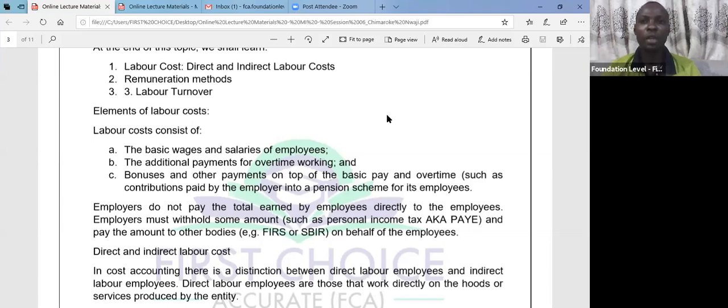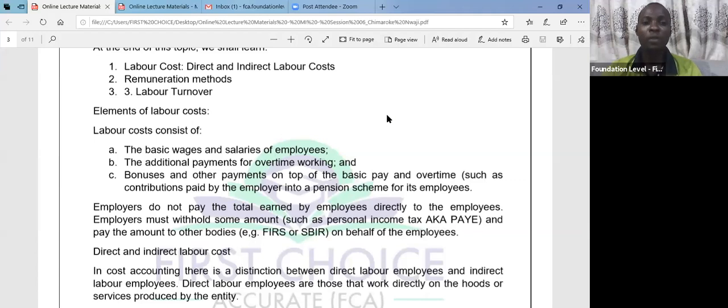So you can link it with people who are working in maybe a construction site. As soon as they finish working for that day, they pay them for that day. Or sometimes they will be paying them for a week. So these are wages. Then salaries. Salaries are payment for people who are being paid either monthly or sometimes they pay them weekly.